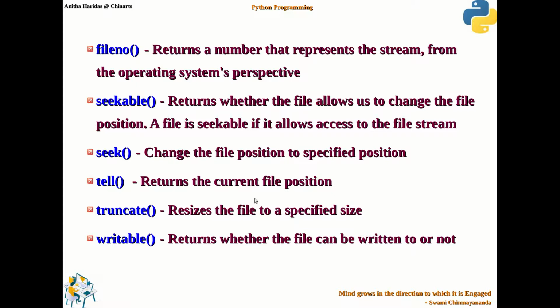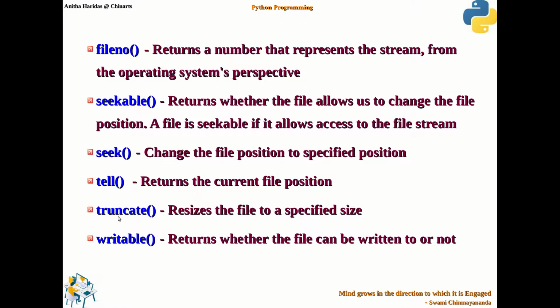Apart from that, it can also take a reference from where you want to seek, whether from the start, from the current position, or from the end. Then you have the tell method, which will return the current file position. So at which particular character the file pointer is pointing, that value will be returned.